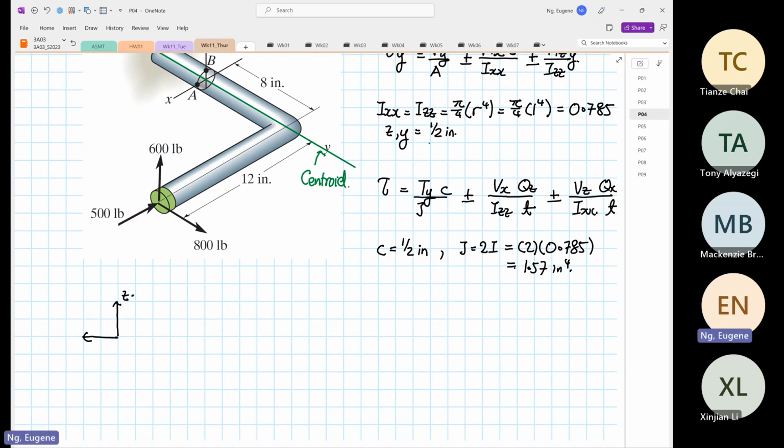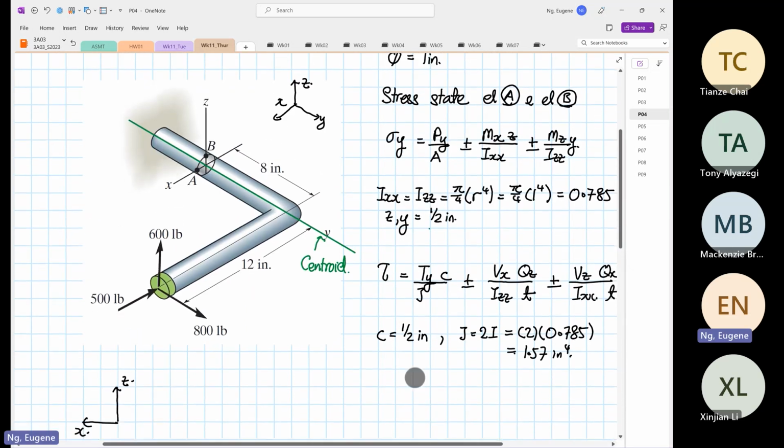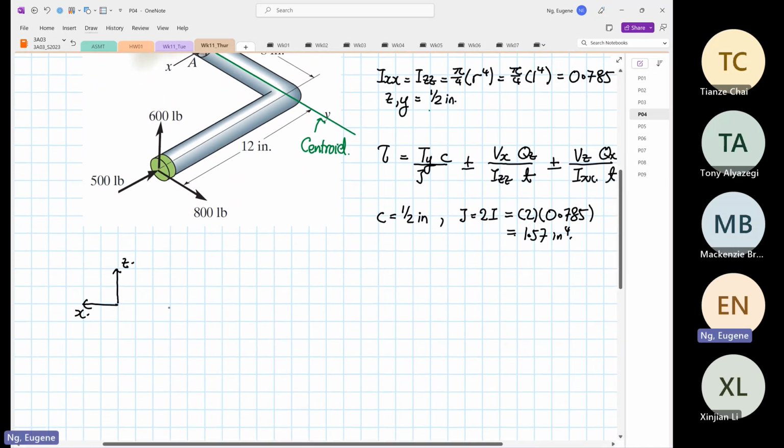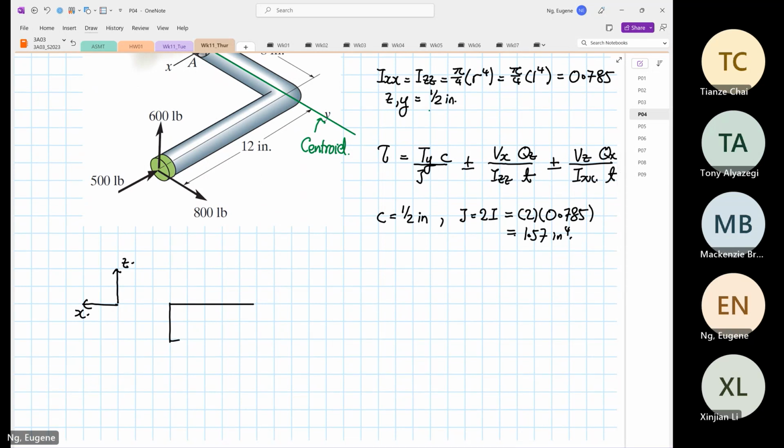So this is Z, and then this is our X. Okay, so XZ. If you want to sketch this, it will look like this. This is just a sketch.